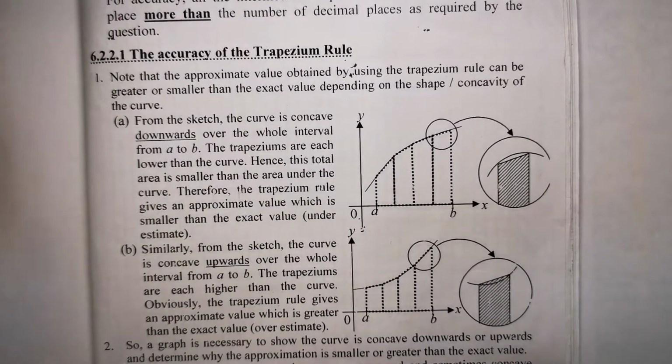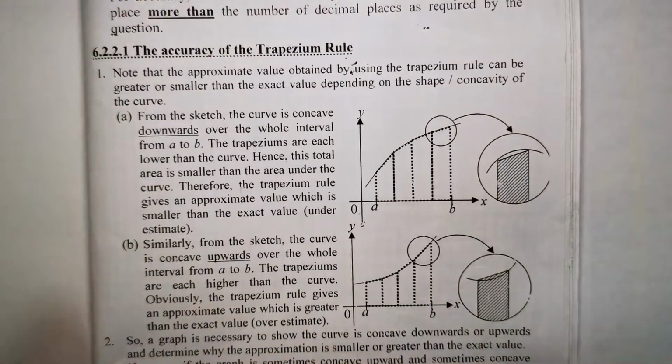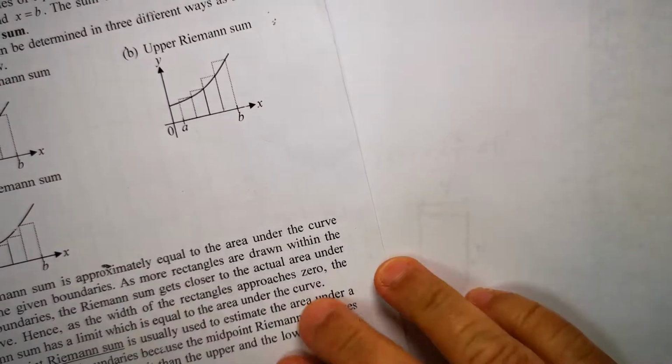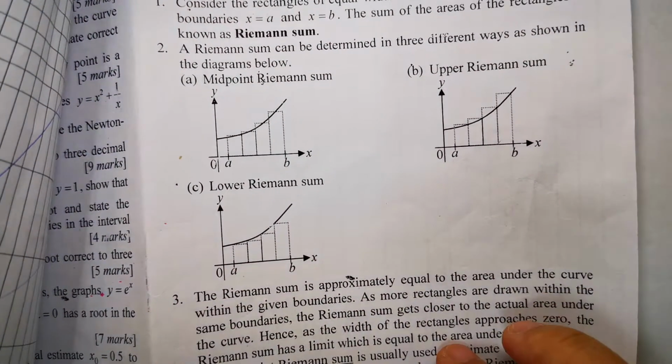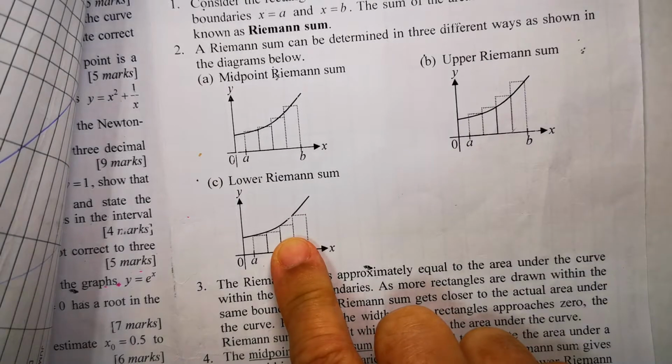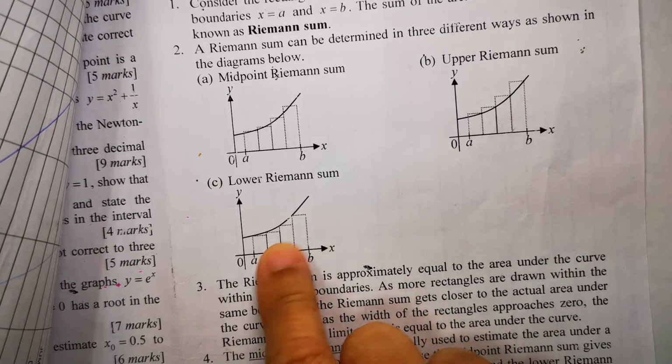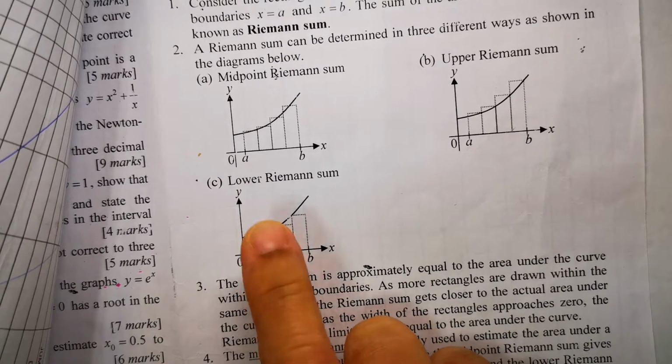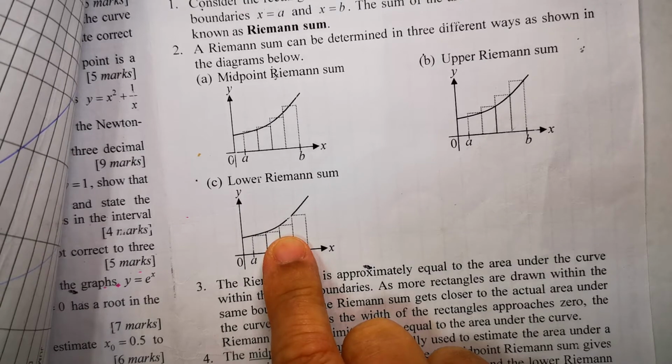I think you still remember when we were doing the Riemann sum. When we construct the rectangles, some might be below the curve, so the answer that we get is smaller than the actual area.